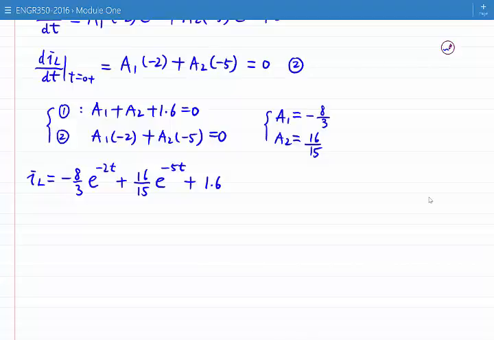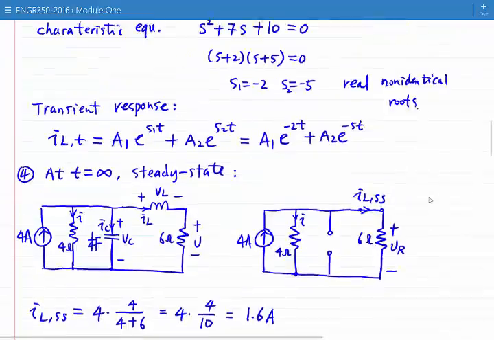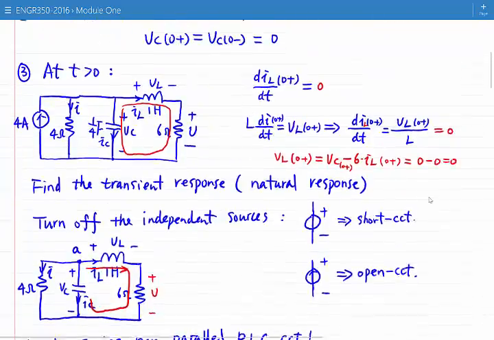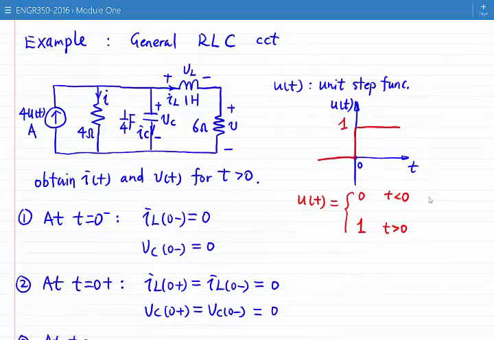But the original question asks for the 6 ohm resistor voltage, and also it asks for the resistor current, the 4 ohm resistor current I, and V. First, V is simple because if we know the inductor current IL, we can calculate it easily.